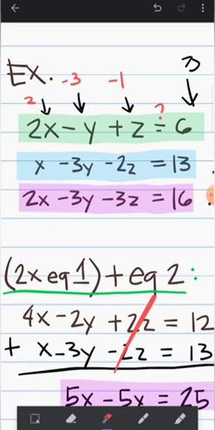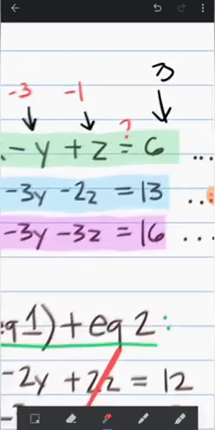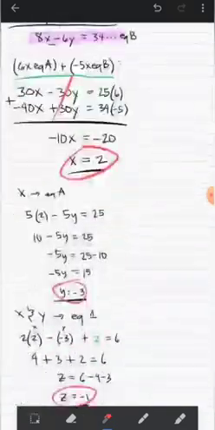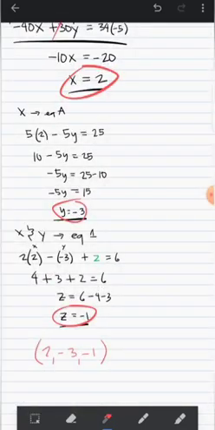So 2 times 2 is 4, minus negative 3 is 4 plus 3, so it's 7, minus 1 is 6. So we're right. It's indeed 2, negative 3, and negative 1.